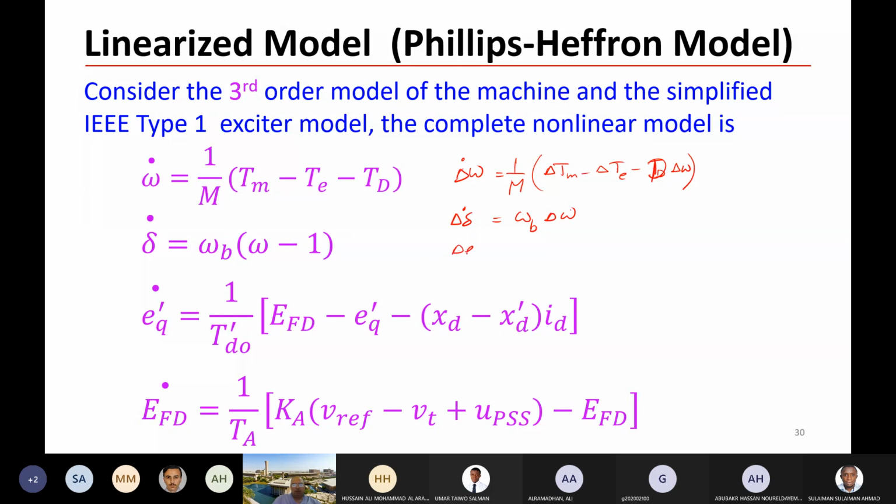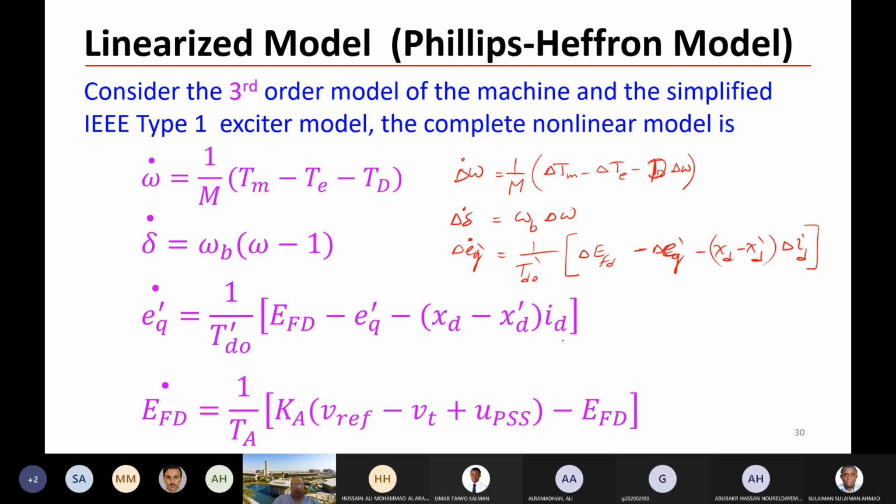Delta EQ prime dot equals 1 over TDO prime multiplied by delta EFD minus delta EQ prime minus XD minus XD prime times delta ID.